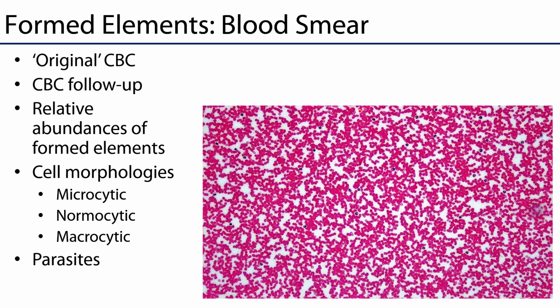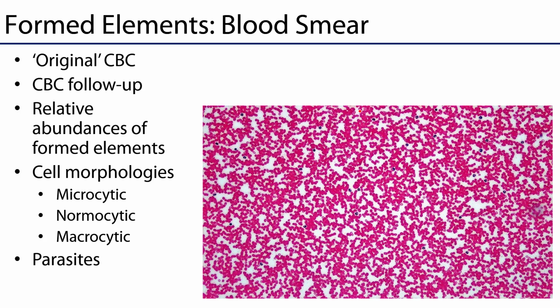So let's take a look at this light micrograph here. This is a stained blood smear, and what someone has done here is they've taken a couple of microliters of blood, they've stained it so that we can better visualize the cells and particular parts of the cell, and they've photographed it.